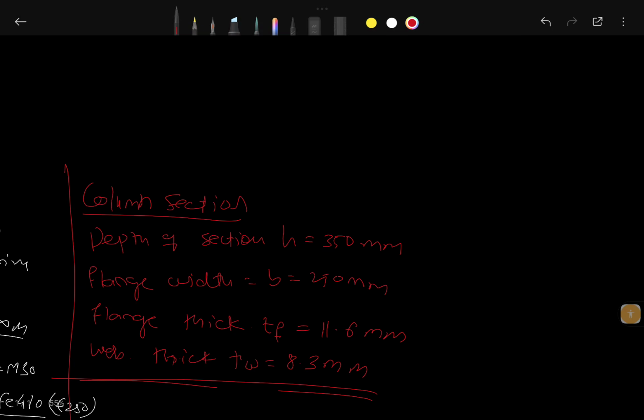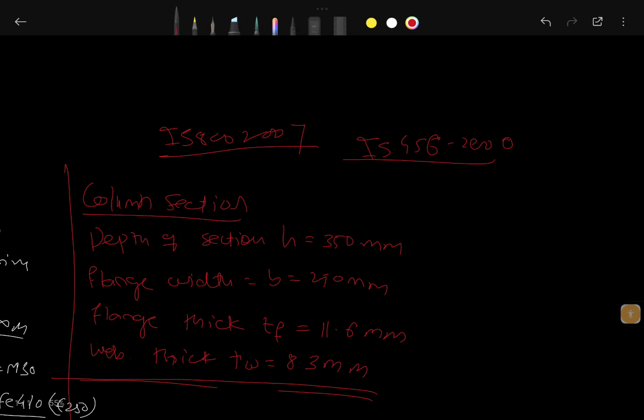In this we have used IS 800:2007, which is for general construction in steel, and IS 456:2000, which is for plain and reinforced concrete. The base plate and grout act together to transfer the load to the concrete pedestal.